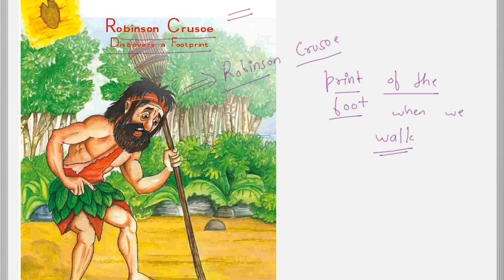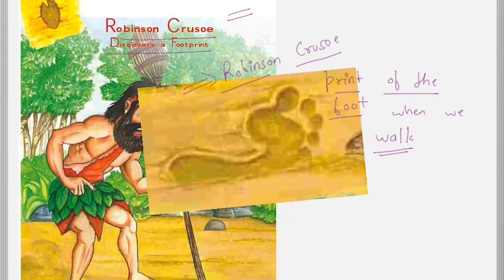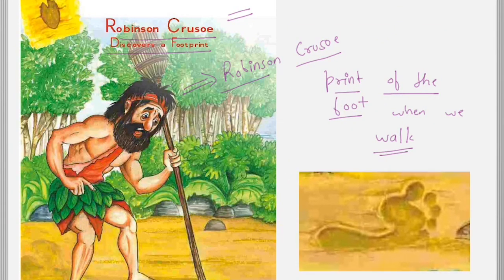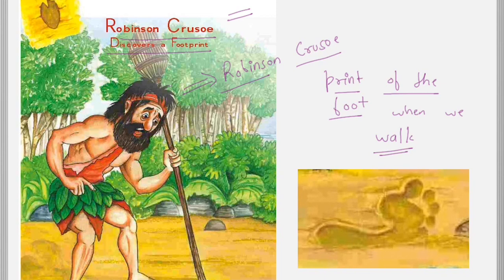I'll show you a footprint and how it looks like. This is how a footprint looks like, and I hope it is clear to you. So now let us begin with the chapter.